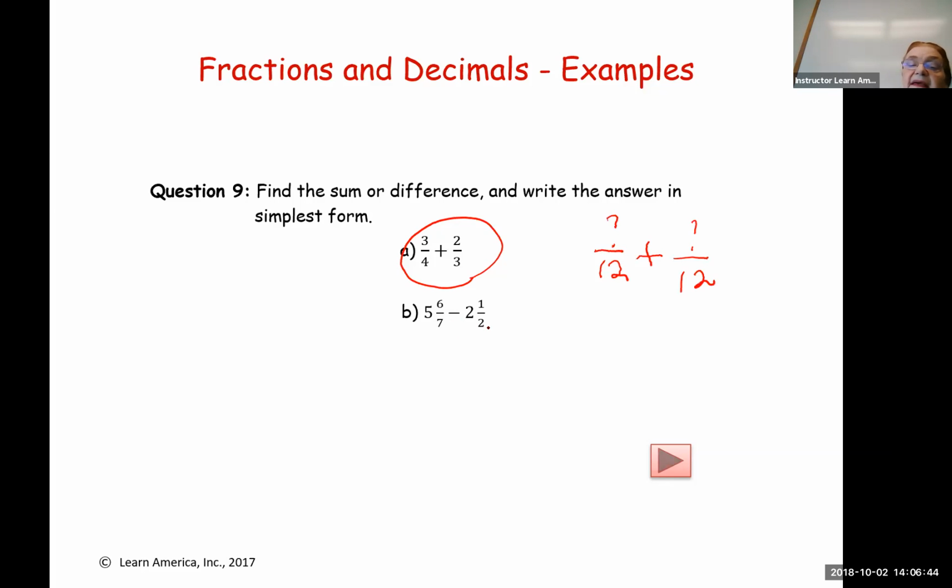In this case, again, because the fractions are different, we're going to have to change to a common denominator. So we want to express 5 and 6/7 and 2 and 1/2 in terms of the same denominator. And in this case, the denominator would have to be 14, the lowest common denominator. So let's see how this works out.